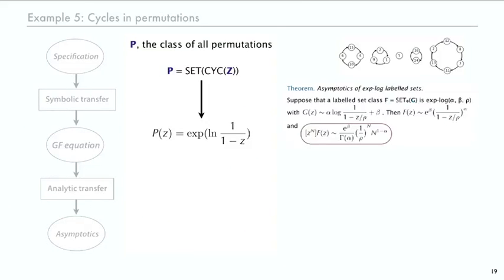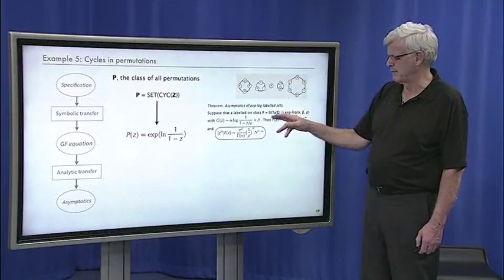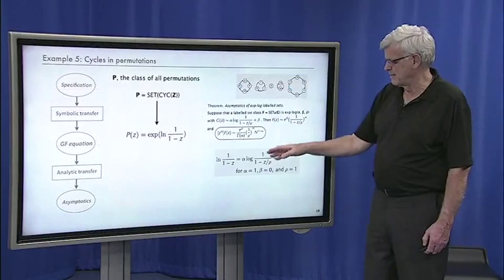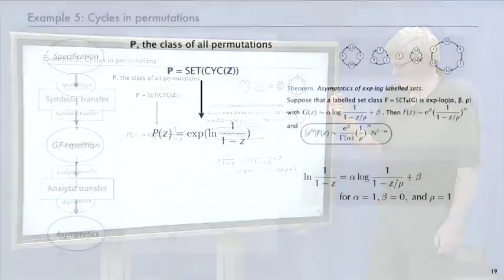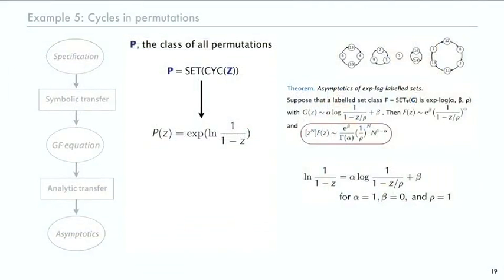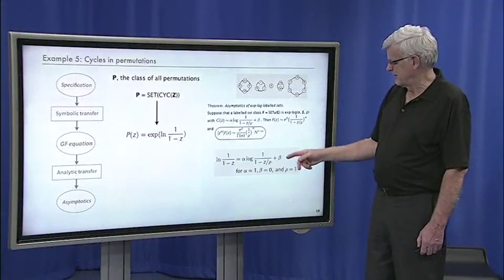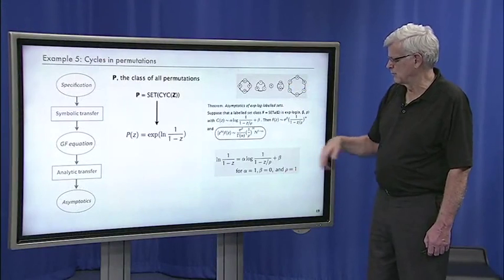So that form of the generating function says we're going to use the xlog theorem. Now what we want to do is calculate alpha, rho, and beta, but those are immediate because in this case it's not an approximation. The thing that's raised to the e is log of 1 over 1 minus z. So that's alpha equals 1, beta equals 0, there's nothing added on, and rho equals 1.